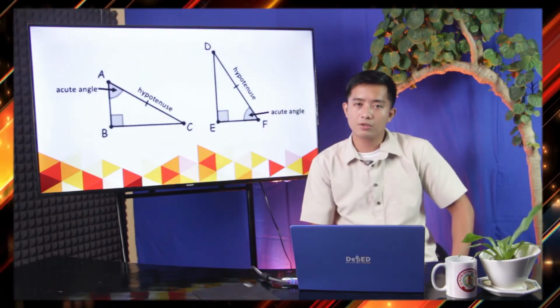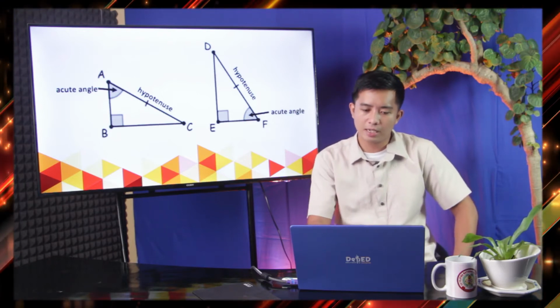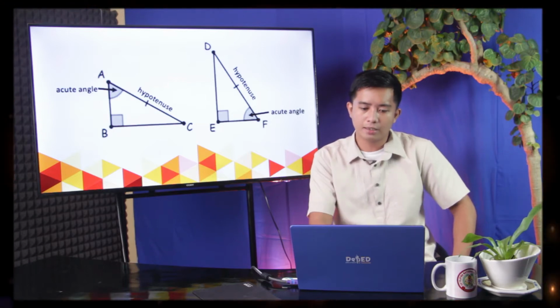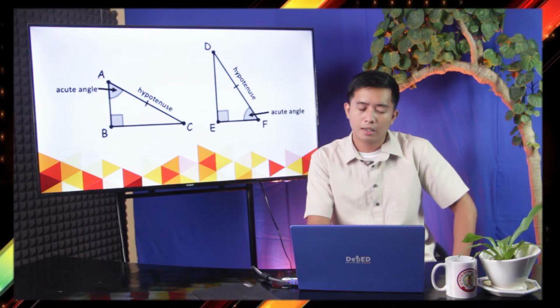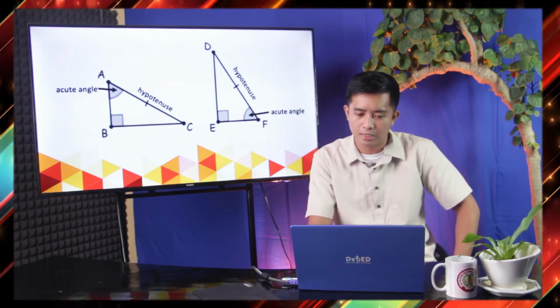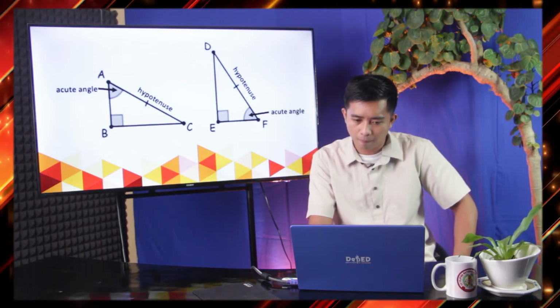So this is the illustration for the HA theorem. Again, two right triangles are indicated, with corresponding acute angles. They have the same, or congruent, acute angles, and also their hypotenuses are congruent.